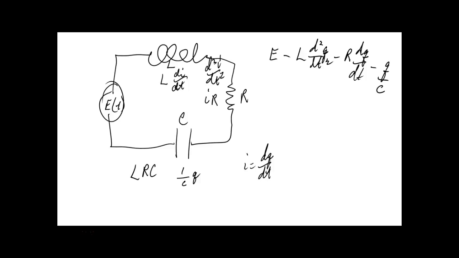If you have resistors, capacitors and inductors in the circuit. Okay? And this would be equal to 0 according to Kirchhoff's law, which then you could write E is equal to L d2q dt squared plus R dq dt plus Q over C. Moved it to the other side.